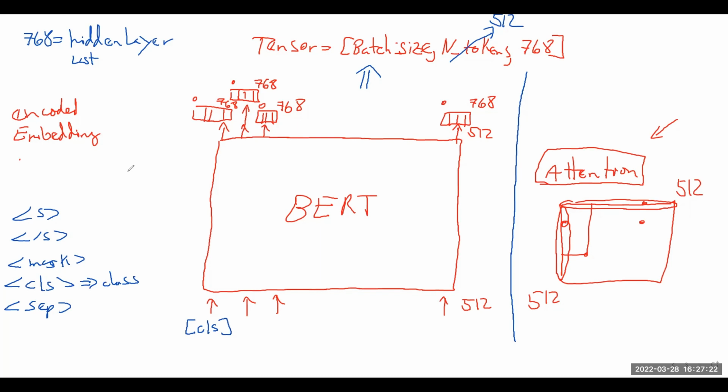So here in this example, this is 1, 2, 3, all the way to 512, right? So in the first position, we give it CLS, the class, then we give it the words. So for instance, help the princess, right?